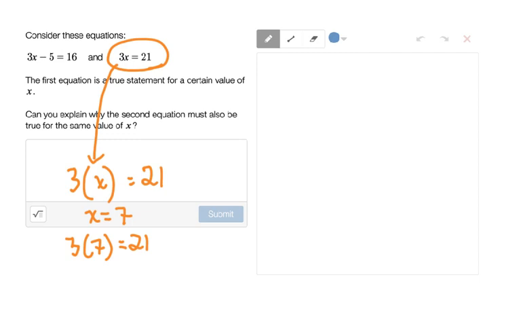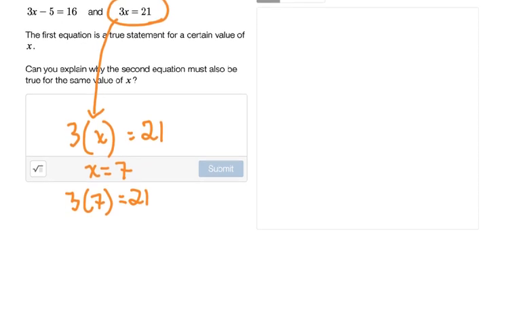Another way that some of you would look at it would be like this. You'd say 3x is equal to 21. Therefore, I'm going to divide both sides by 3. Because I have multiplied 3 times x, and in order for me to undo it, the inverse operation of multiplication is division, as we heard today in class.